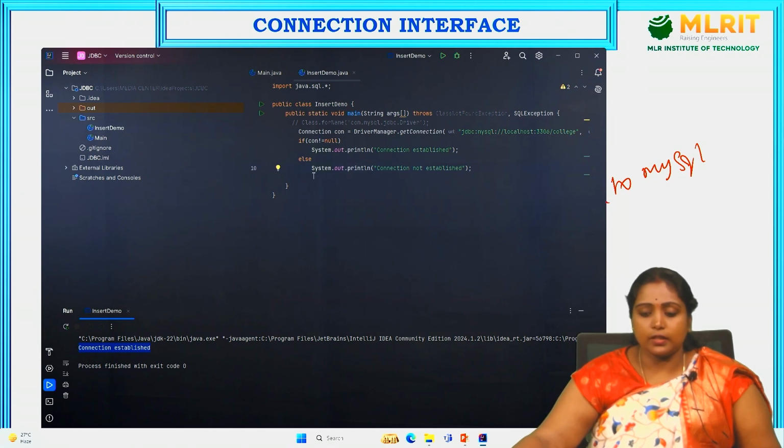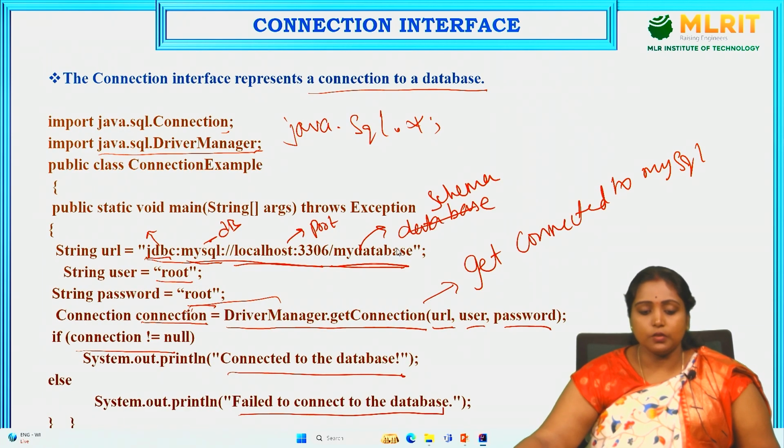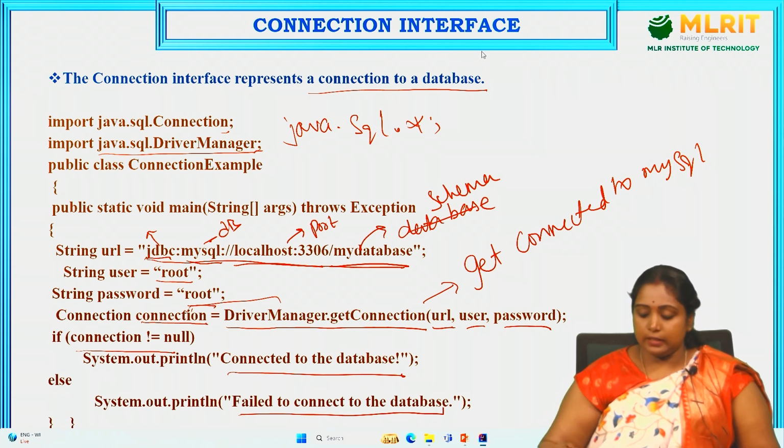It will return you the connection here. So this is how we connect Java to the database using the Connection interface.